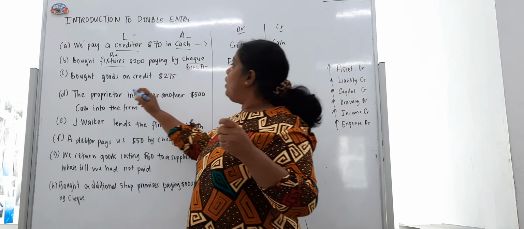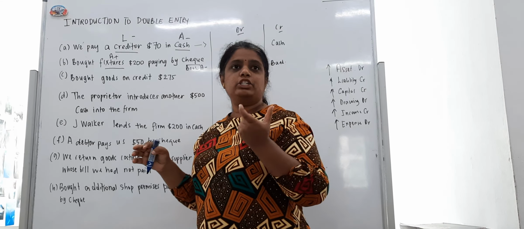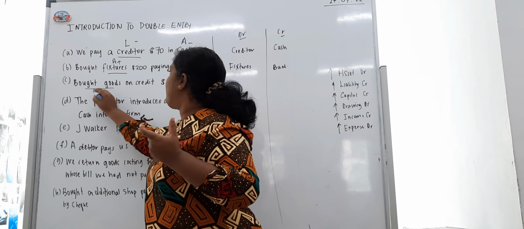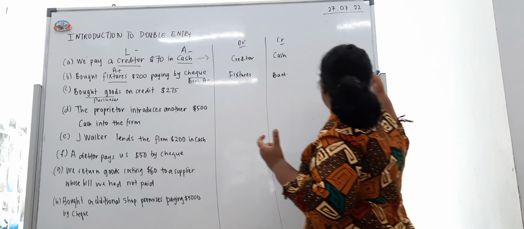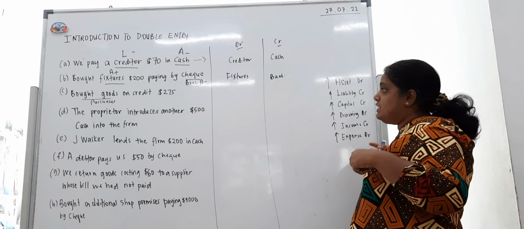Yes. Now here, bought goods on credit. When we buy goods in accounting terms, there's a special name for it. What do we call that? Purchases. This is your purchases account. Now purchases goes into which category? Expenses. Alright? Purchases is an expense.